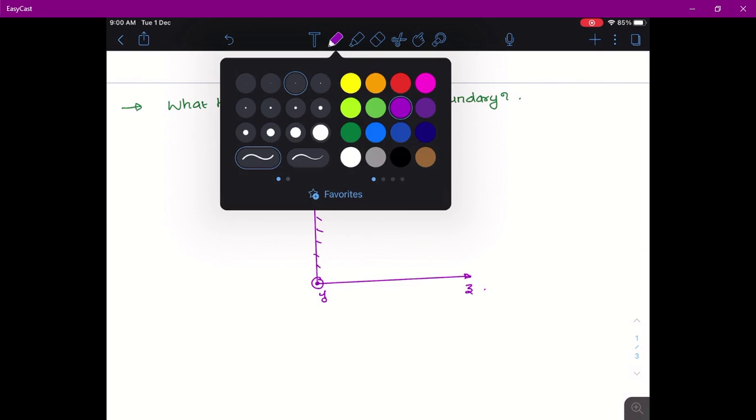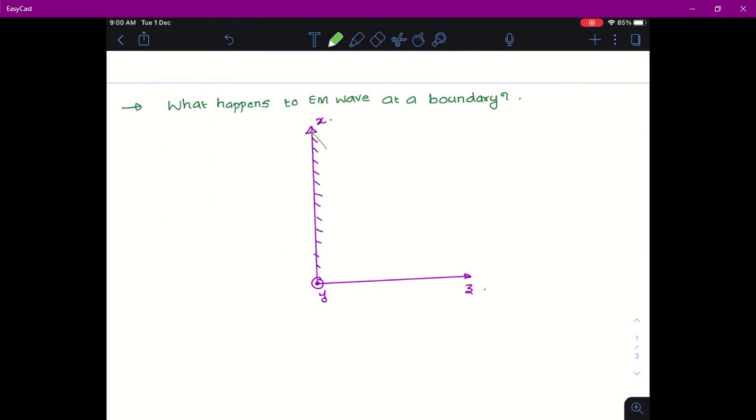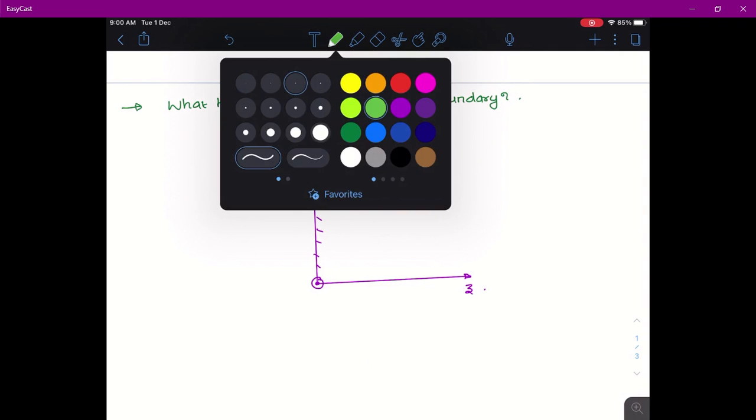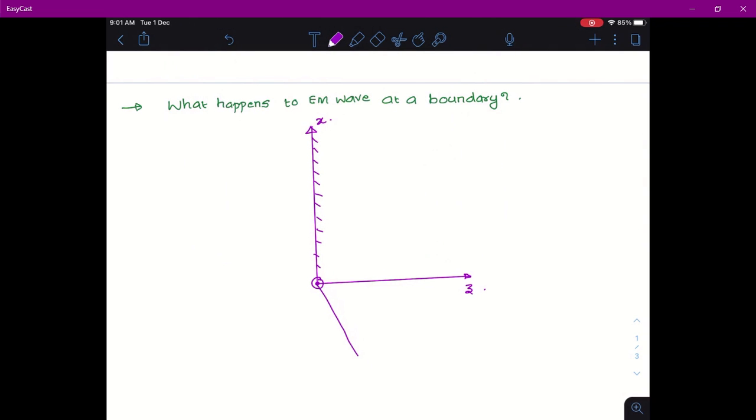So this boundary is actually a plane. Let me draw it neatly. Some plane like this, and this plane also extends to the other side.